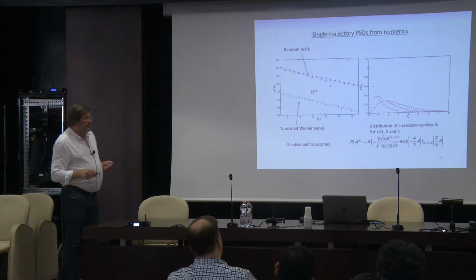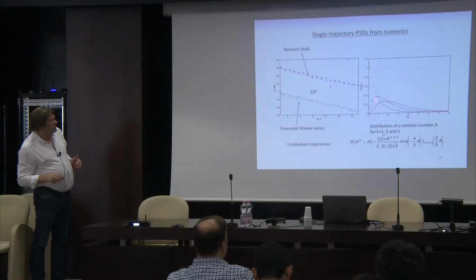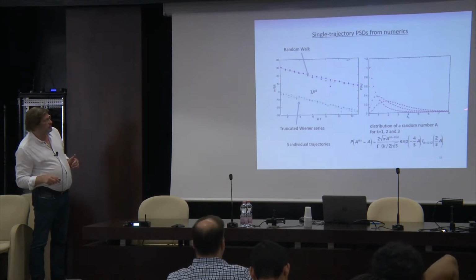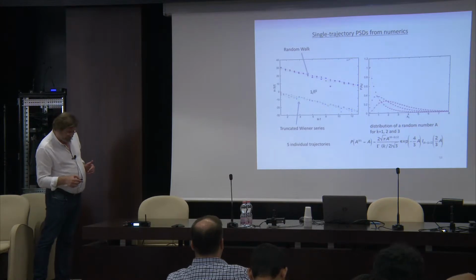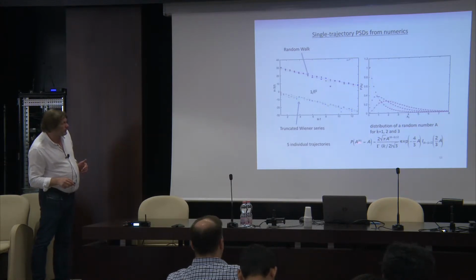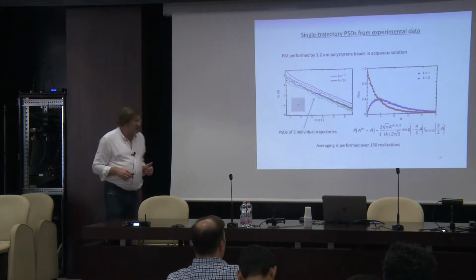This is about single trajectory relations, when I took a random variable divided by the first moment, and I said that in distribution it is the same as a random number A. This we check here for one component, this is this curve, two components, and three components case. So you have a perfect agreement. And this is the function which defines in all the cases the distribution of random amplitudes A.